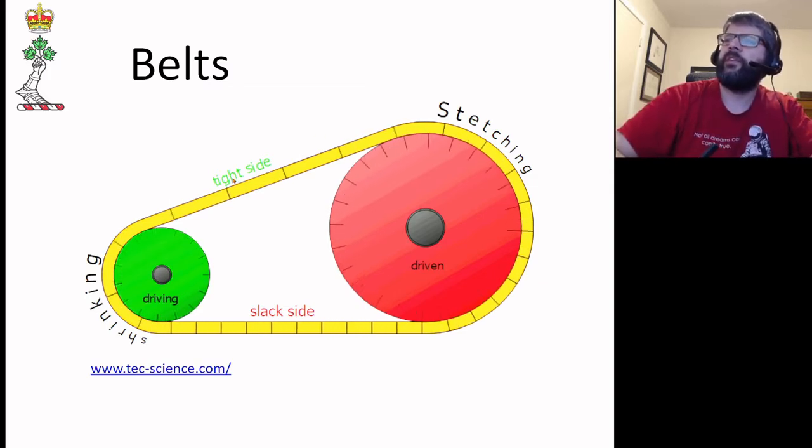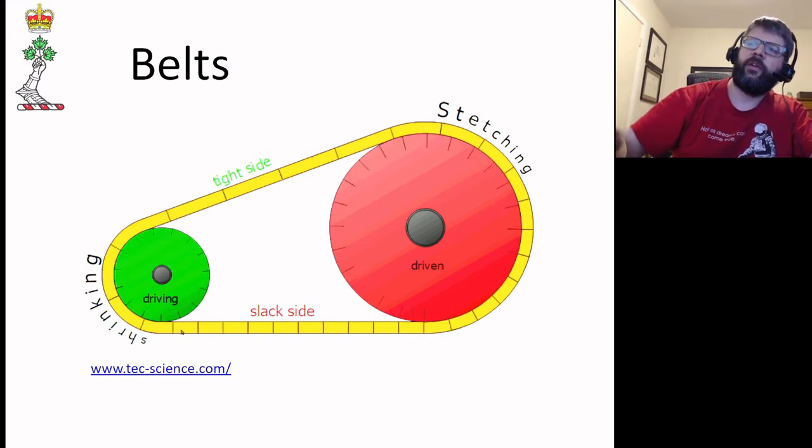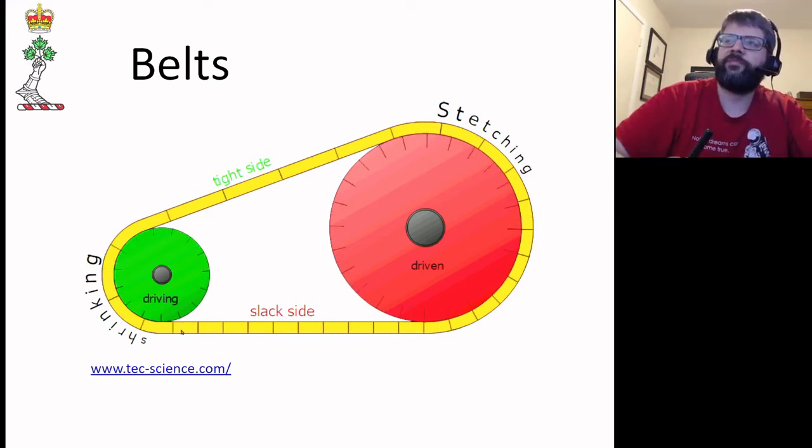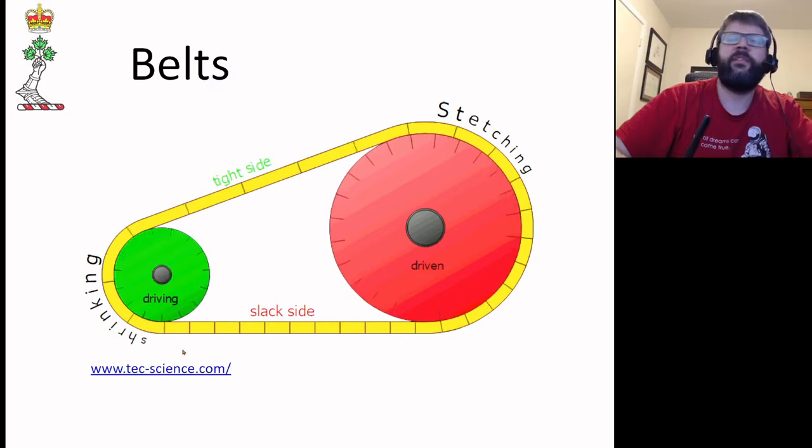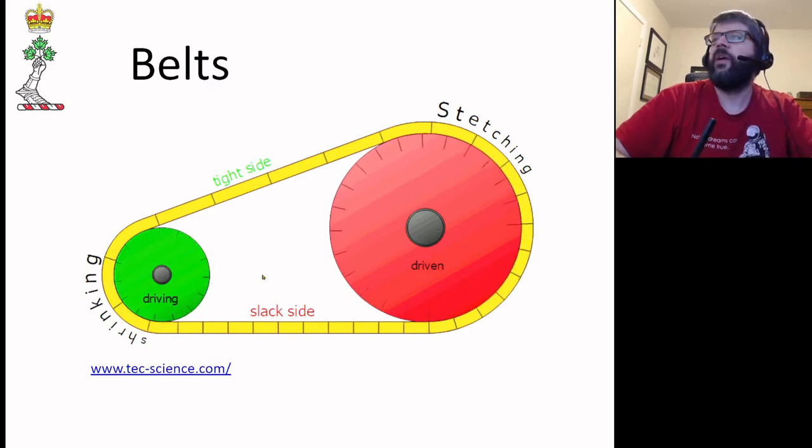So then it's all stretched out on the tight side, and then it hits the driving, and as it hits the driving, it starts to shrink, as the stretch gets reduced when you transition from the tight side down to the slack side.